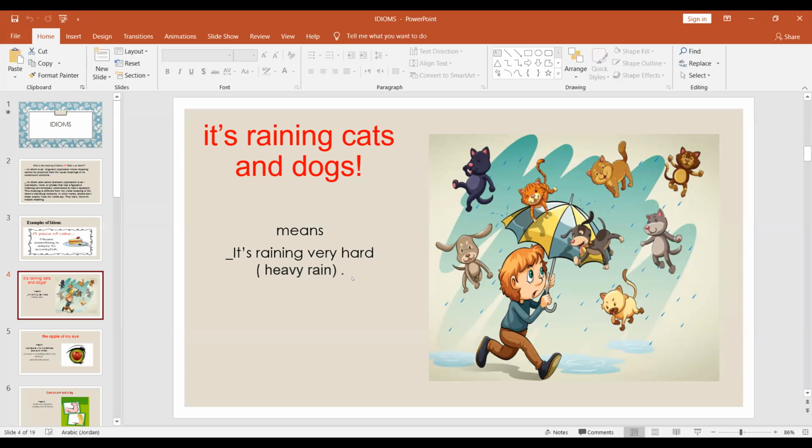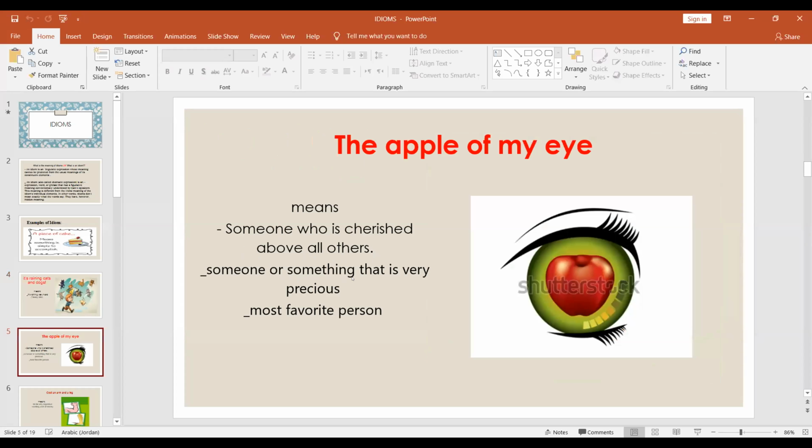We don't mean the literal meaning. Here we mean the idiomatic expression, and it's raining heavily. Yes. This is colloquial, عامية.